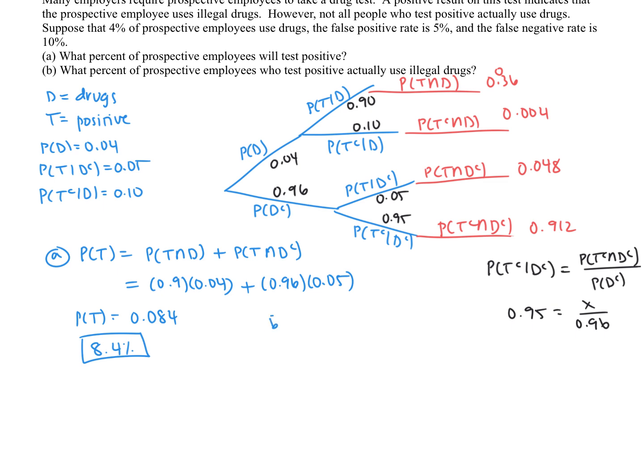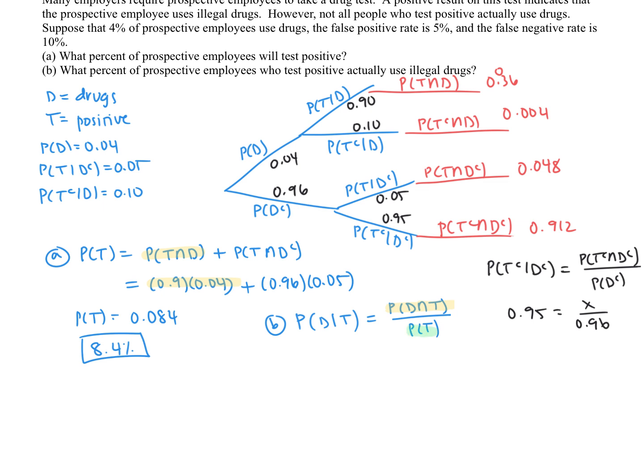Okay, in B, what % of prospective employees who test positive? So given they test positive, what is the probability that they actually do use drugs? This is just the conditional formula. So this is the probability of D and T over the probability of T. Now, D and T, we already showed the work for that before, so I don't need to show the work for that again.